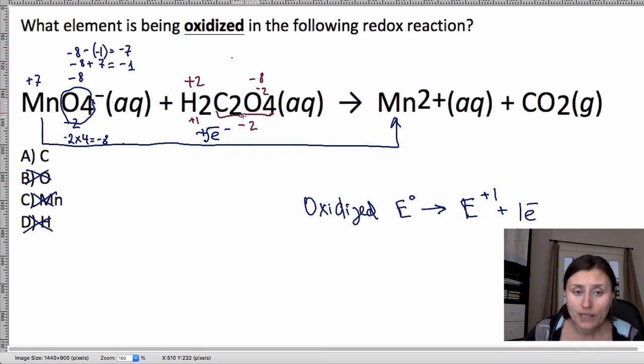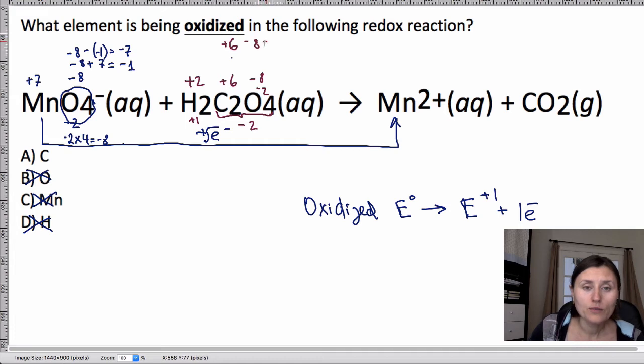And in order to keep the -2 for the whole C2O4 part, we're going to have to assign the C2 part +6. Because if we have +6 minus 8, we get -2, which is the total charge for the C2O4 part.